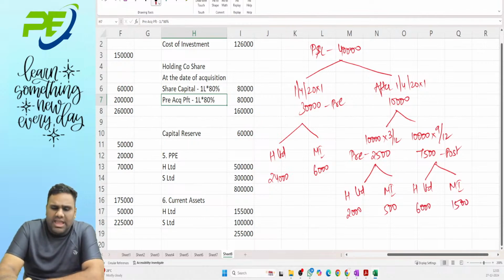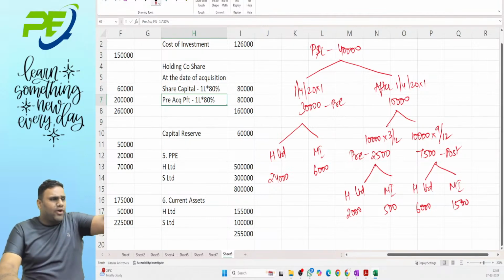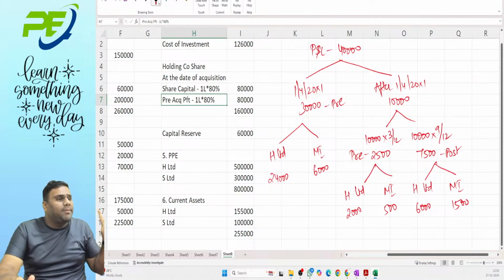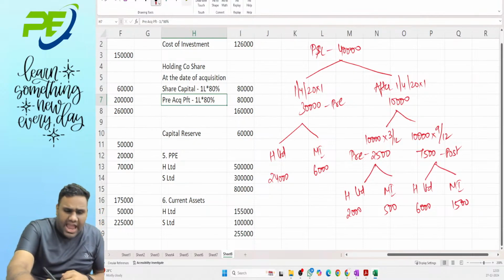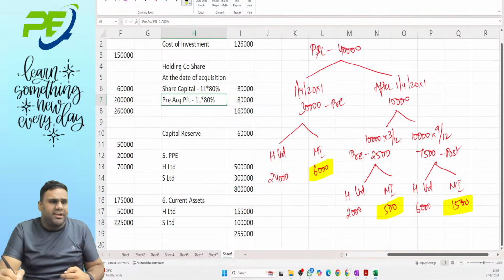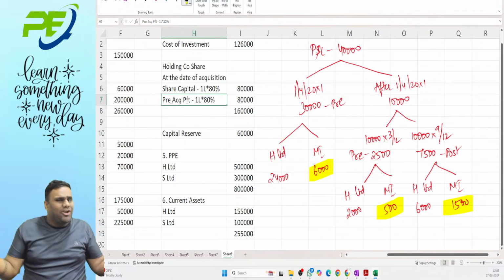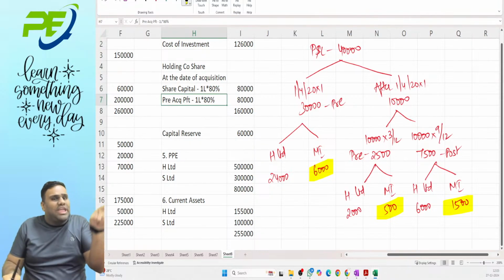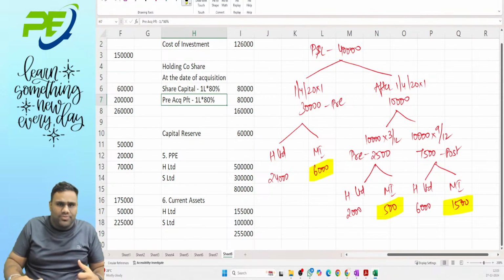Now minority interest is 20%. PNL is 40,000, 40,000 into 20% is 8,000. Add and check: 6,000 plus 500 plus 1,500. We are not required to give the split, but still we are giving because anyways for a holding company we have to do.